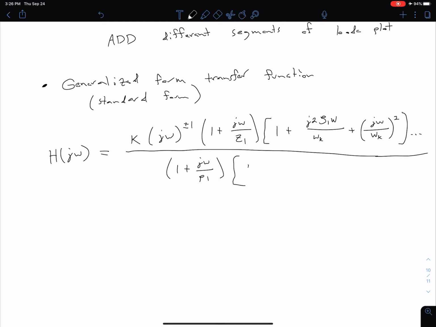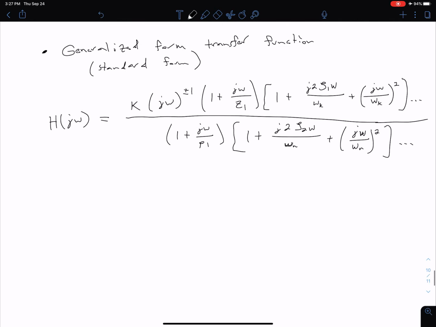And we have another big term similar to what we saw in the numerator, 1 plus j2 zeta 2 omega divided by omega sub n plus the quantity of j omega divided by omega sub n squared, and so on. Basically these are all the different forms that we could reduce our transfer function to.